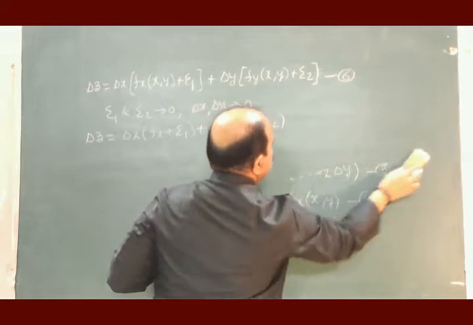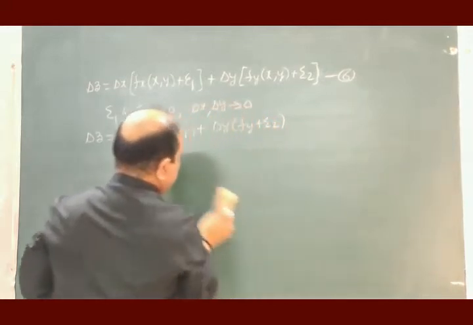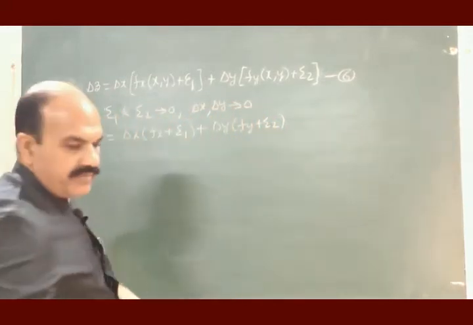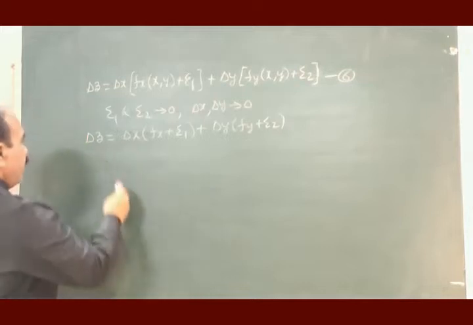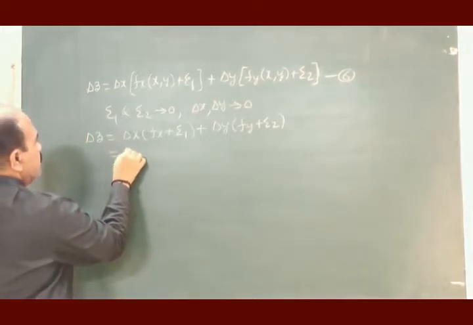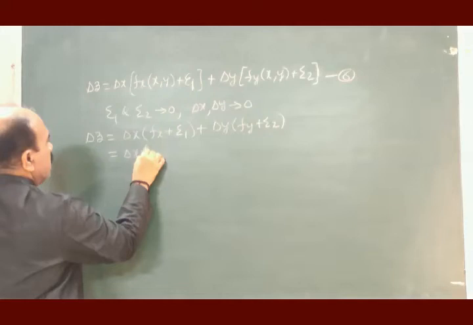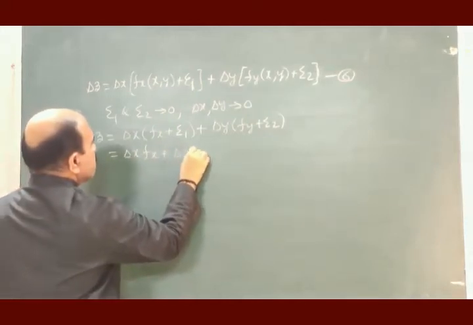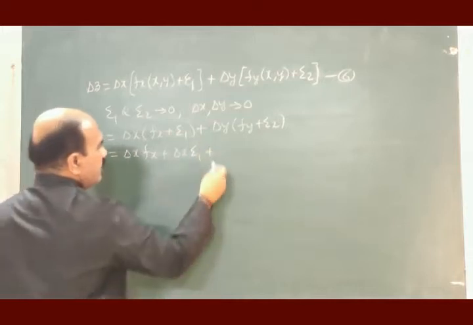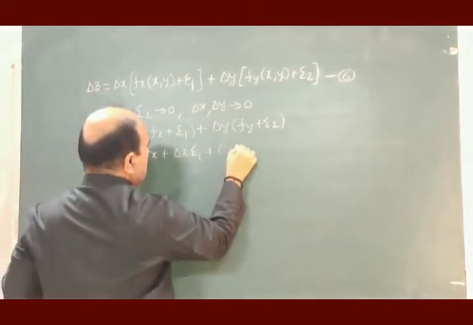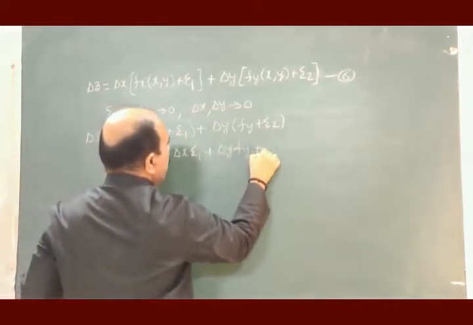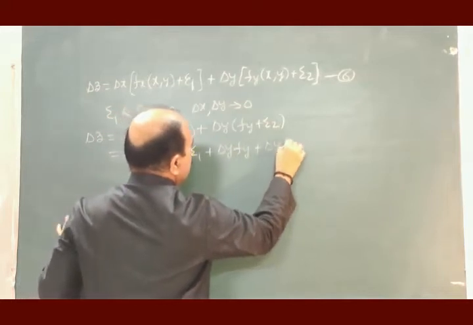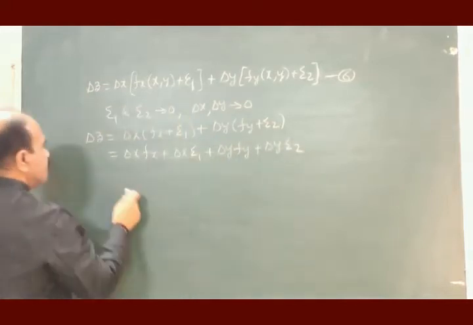This is further delta z is equal to delta x fx plus delta x sigma 1 plus delta y fy plus delta y sigma 2.